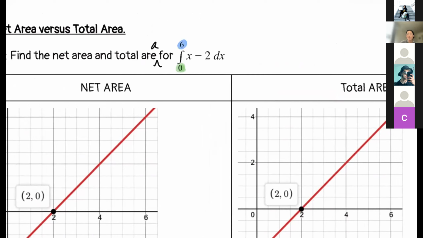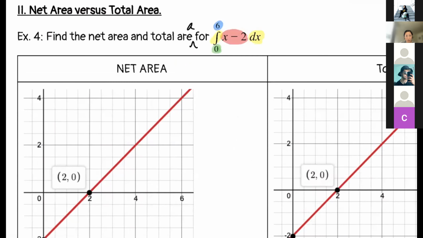And if we didn't have those numbers, we might just say antiderivative, or we would say indefinite integral. We know that we have this function, x minus 2, and we've got our integral notation, which is paired with that dx, okay? And so luckily, Desmos has created a graph for us, so we do not need to worry about graphing.